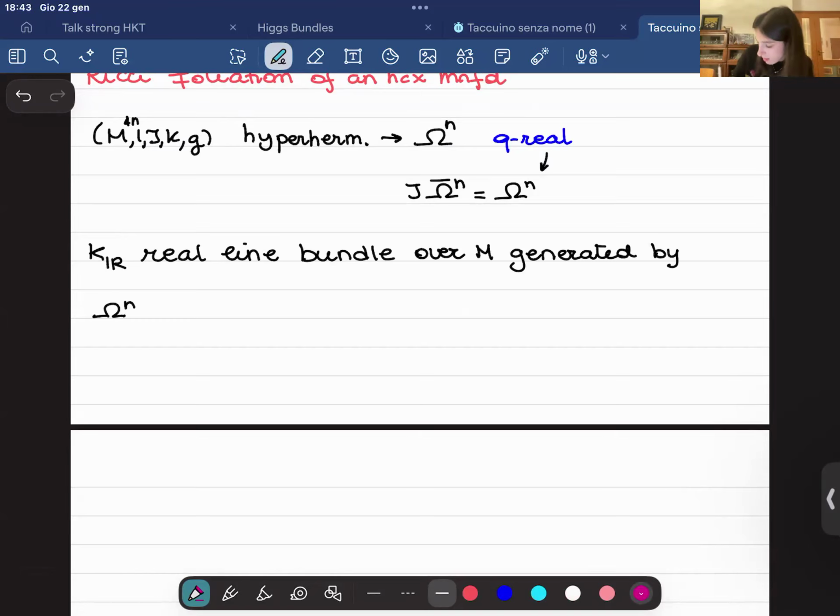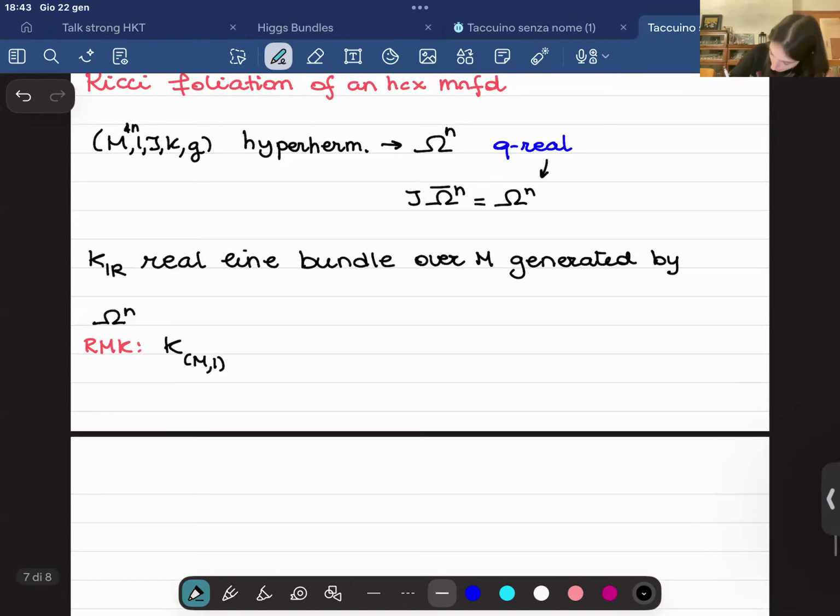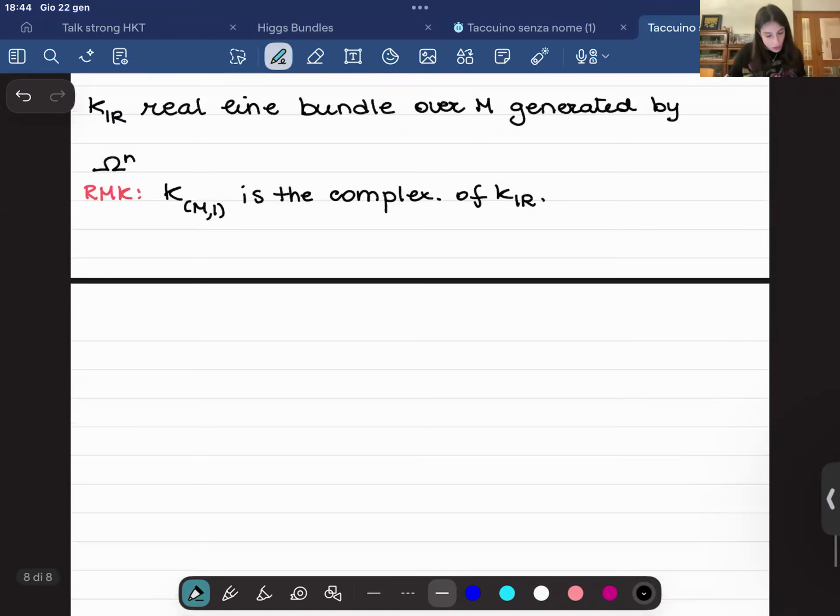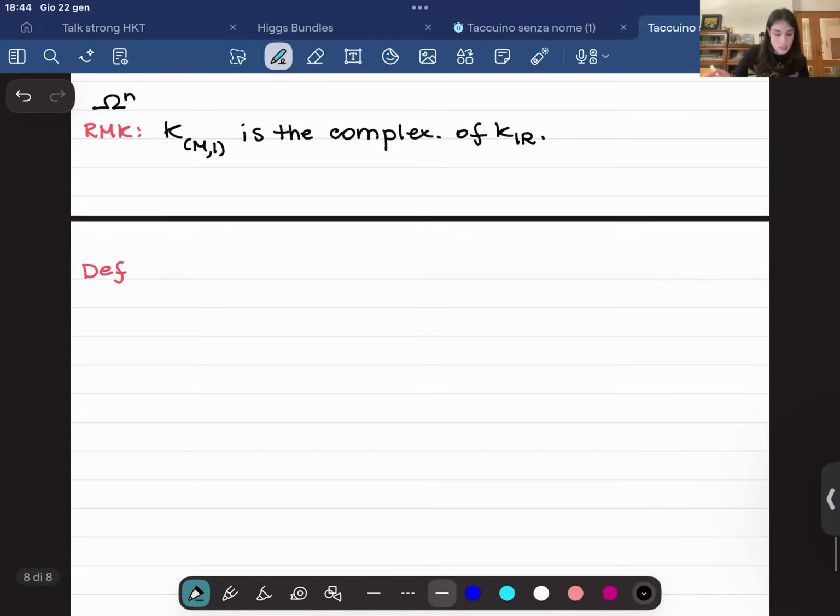And this is just an easy remark that, for instance, if I consider the canonical bundle with respect to the complex structure I, this is just the complexification of K_R. So this is a line bundle, and we can define the so-called Obata-Ricci curvature. It's not the Ricci of the Obata connection, but we're going to see in a moment what it is.